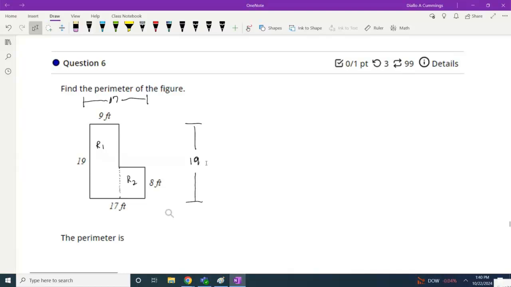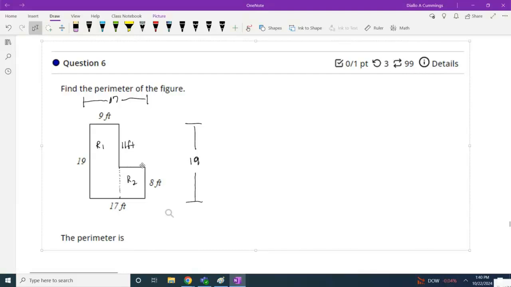So if this vertical side is 8, this vertical side would have to be 11, because 11 plus 8 makes 19. Now I'm going to use the overall length to find this missing piece.